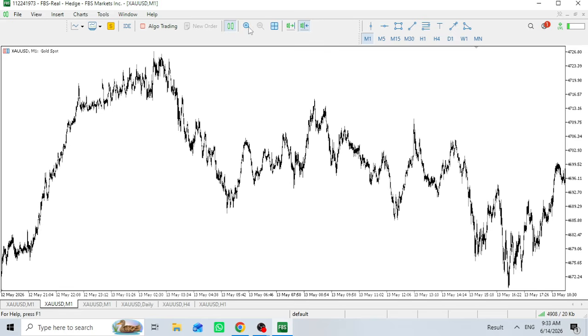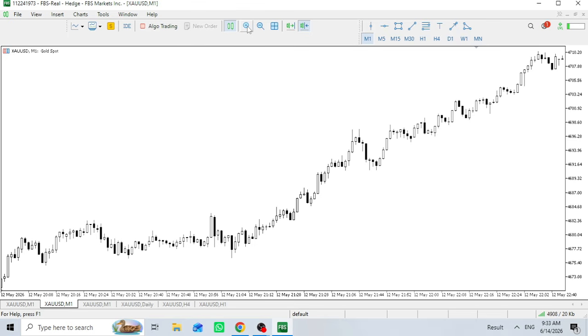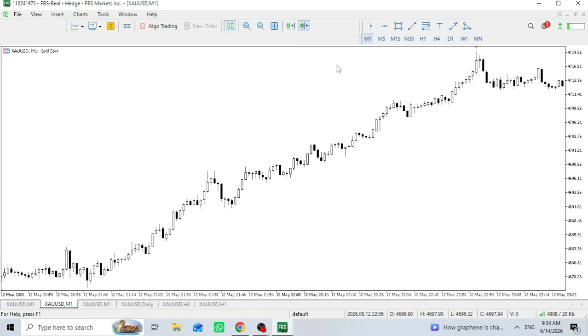But me as the big boss, I will tell you, don't start with those. Learn them for the sake of knowing them, how to use a hammer, a morning star, and what these candles are.